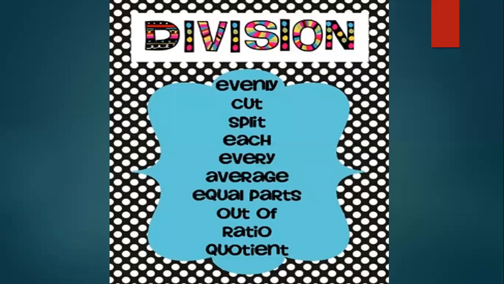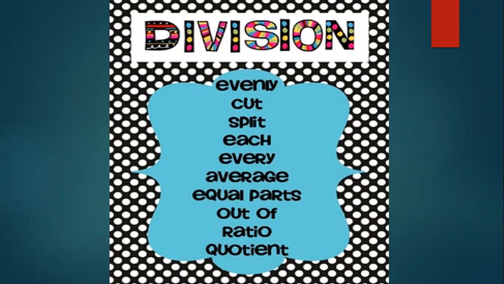Then next comes cut. When you are cutting something, let's suppose the question is about a rope and you are going to cut the rope into 3 pieces, and what is the length of each piece. So in that case, you will also divide the total length by the number of pieces. Then there comes the word split. Split also is a word related to division when you are dividing something.